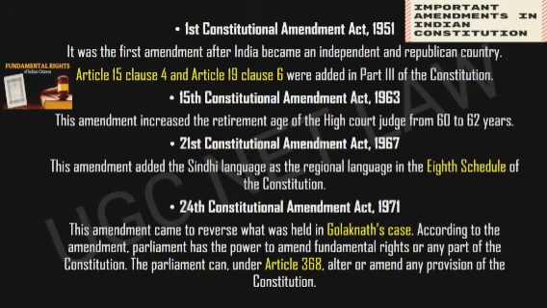You can add 1 and 7, 71, or 7 plus 1 is equal to 8. So 368: 3, 6, 8. 2 plus 4 is 6, 7 plus 1 is equal to 8. Article 368. This is how to remember the 24th Constitutional Amendment Act, 1971.